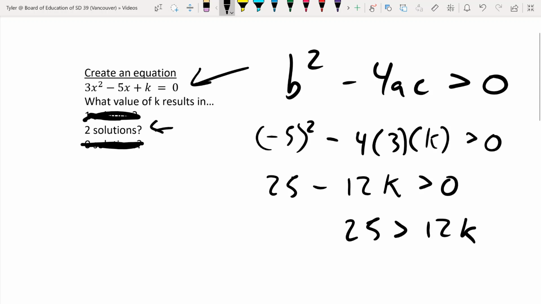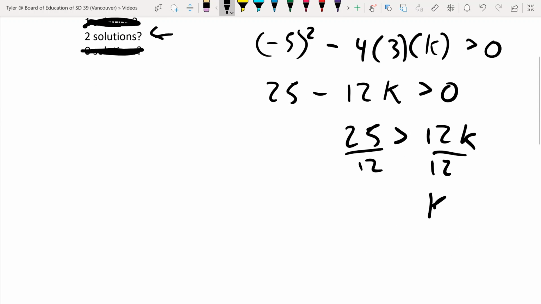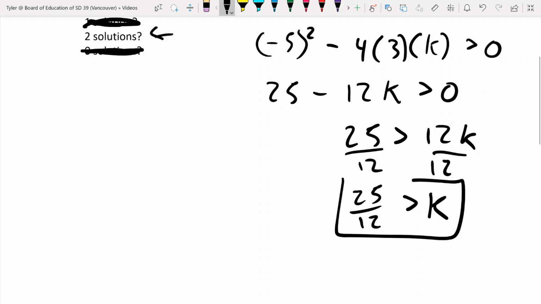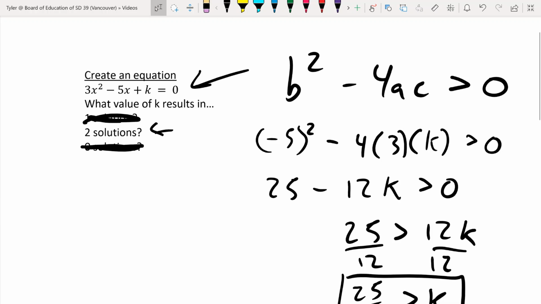Then I'm going to divide both sides by 12 to isolate k, and you end up getting k is less than 25 over 12. So the answer to this question is any number, as long as k is less than 25 over 12, which will give you 2 answers.